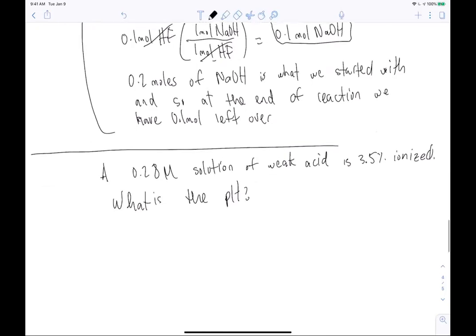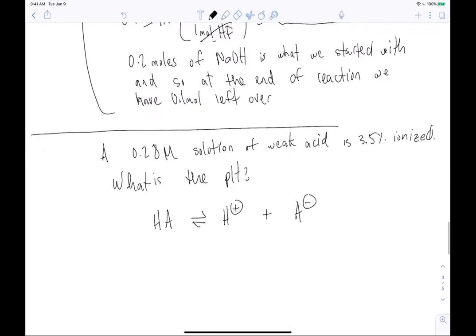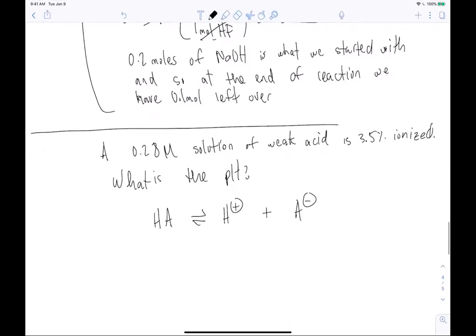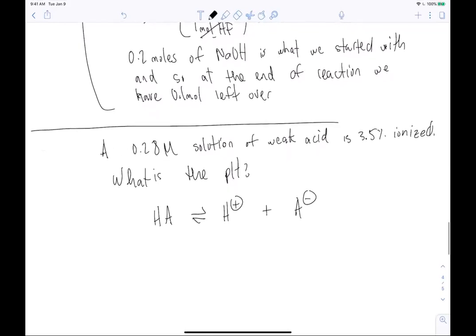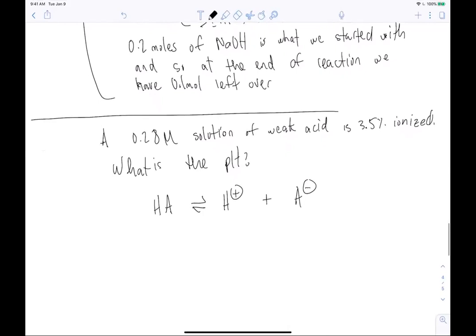So for this solution, all we're doing is you've got some generic acid HA, and it's forming this, and they're telling you it's 3.5% ionized. So they're sort of telling you what the equilibrium concentration is.